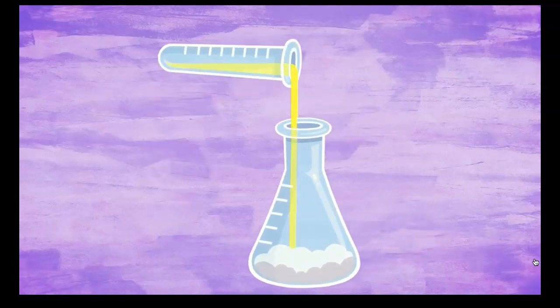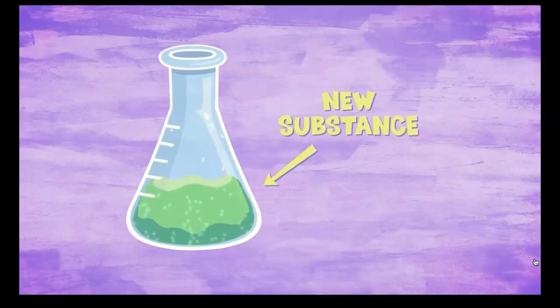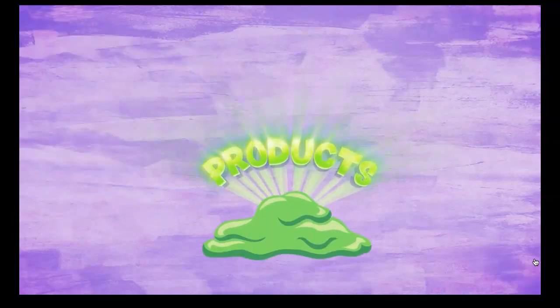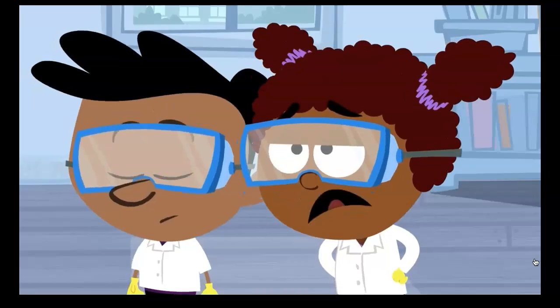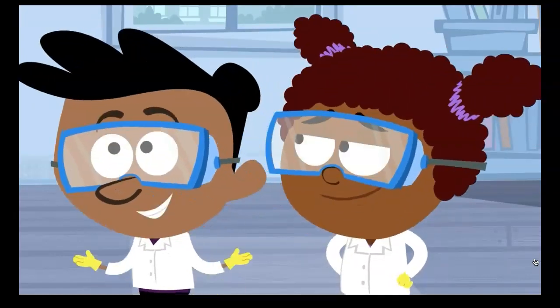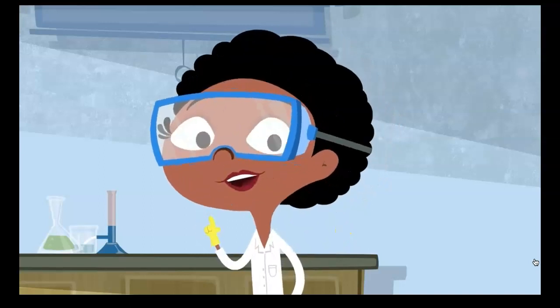A chemical reaction occurred. And when a chemical reaction occurs, new substances are formed that weren't there before. These new substances are called the products. Pretty neat, huh? Not as neat as that explosion you almost promised. Can we see another chemical reaction? Why, certainly. In fact, there's one happening right behind me.